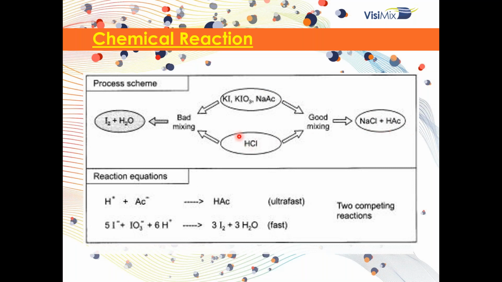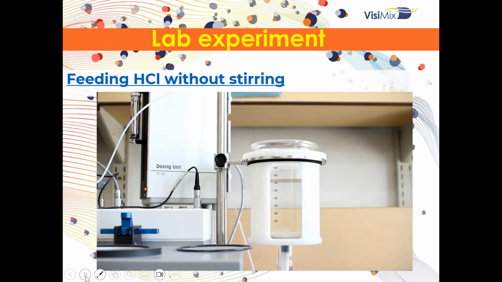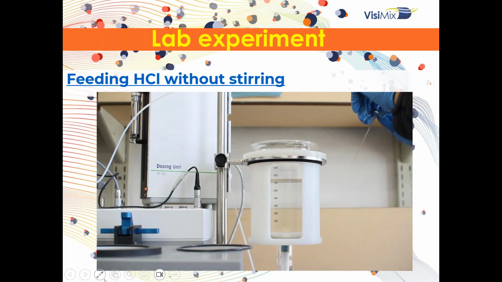And when we don't spread the HCl well, we will see iodine, and this iodine has a color, and this will be the difference between good dispersion of material when we feed HCl and bad dispersion. And I want to show you this video that's showing how it's working. Okay.